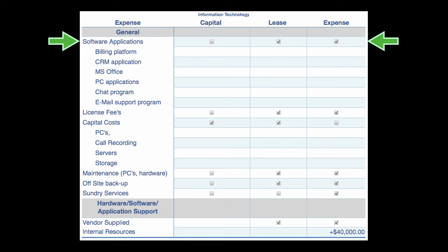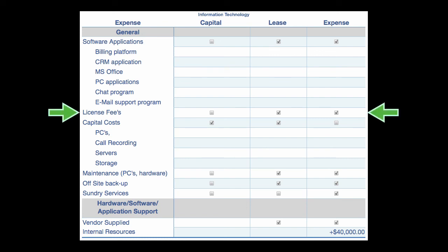Then you have CRM applications that may provide other customer information or online help guides information. Then you've got your typical Microsoft Office platform. Then usually a litany of other different PC applications that people use. And if you're providing chat or email support to your customers, then you've got those applications to consider from an expense or a lease perspective.